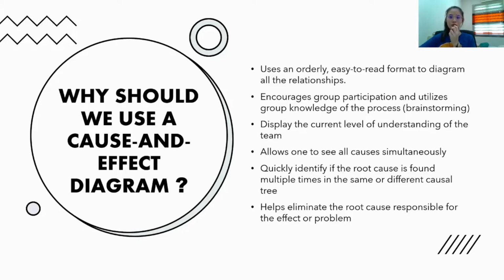It allows one to see all causes simultaneously, as cause and effect diagrams only contain one page. It helps us to quickly identify if the root cause is found multiple times in the same or different causal trees. It also helps us to eliminate the root cause responsible for the effect or problem.